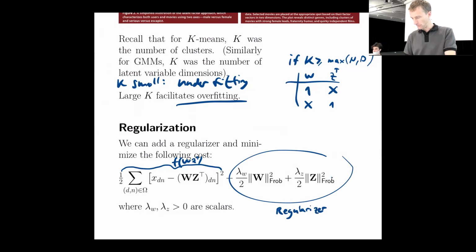So again, for the Frobenius norm, it's just the entry-wise square norm. So we put the squared norm of the two matrices. We said we also want this norm to be not too large. And then we also need to talk about this trade-off parameter. We need to choose how important that is for us.